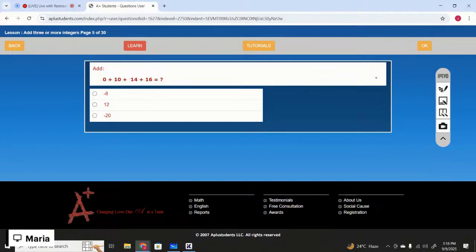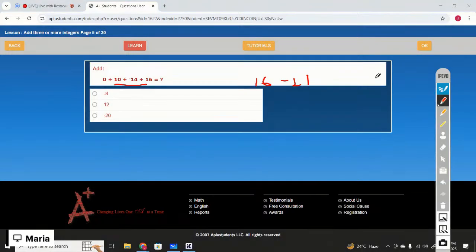Zero plus 10 plus -14 plus 16. So let's just add the positive numbers first.